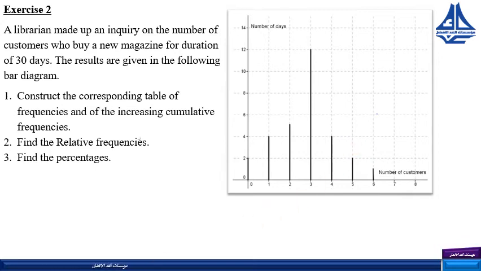We should transform this graph into a table. The first hint, guys, here. This is the x-axis. It represents the first row in the table, which, as I stated before, guys, is the variable under study.